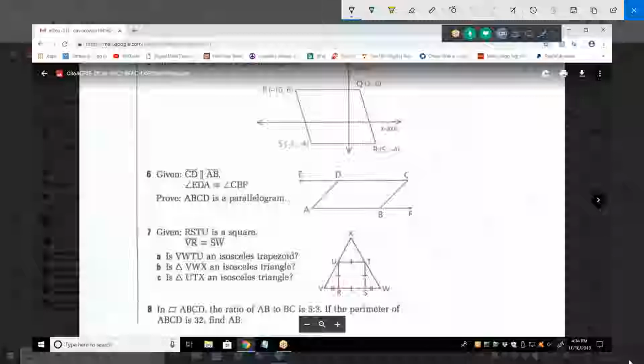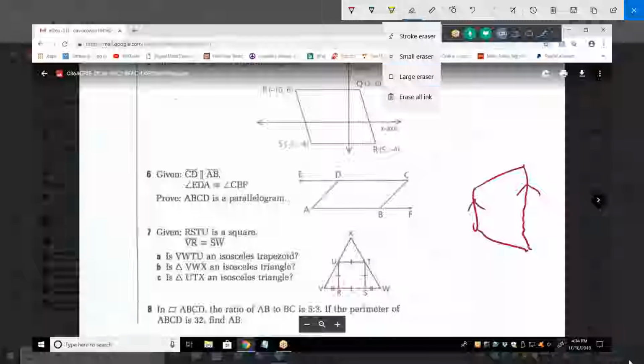The bases are parallel. Two sides, yeah. Well, it's whatever you call a base. I can draw a trapezoid like this also, and that's a trapezoid. Two opposite sides have to be parallel. That's the only definition I know of, and it's four-sided.